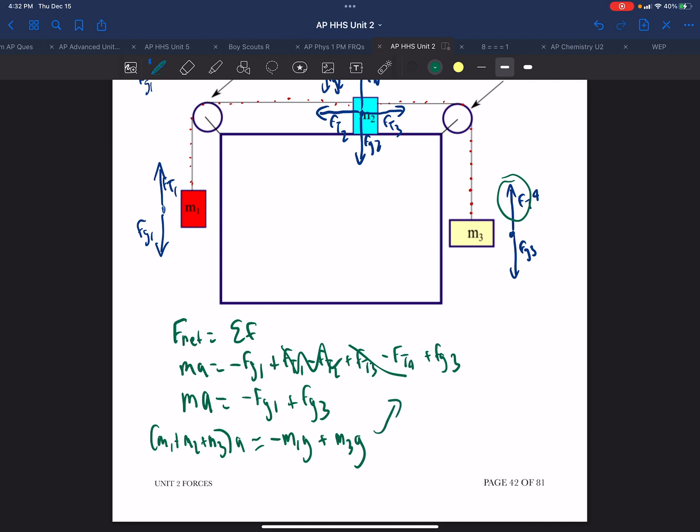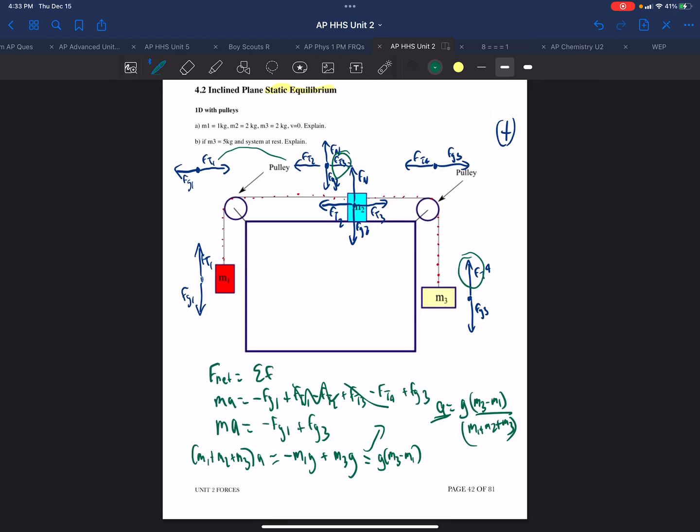We could rewrite this expression by factoring out the G: G times M3 minus M1. And then we can express the acceleration as G times M3 minus M1 all over M1 plus M2 plus M3. So that's what the acceleration is.